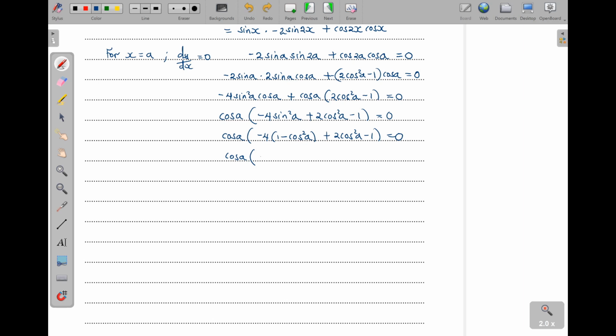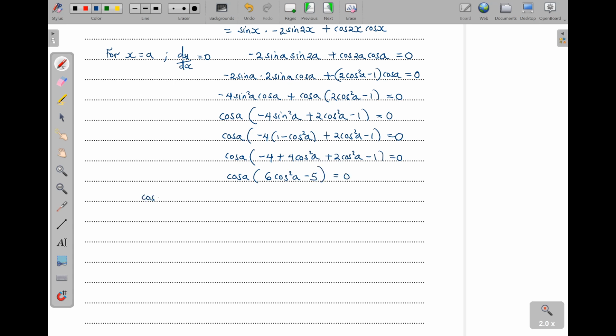So plus 4 cos squared a, then plus 2 cos squared a minus 1, which is equal to 0. So meaning your cos of a here outside, inside here we are going to have 4 plus 2, that is 6 cos squared of a, minus 4 minus 1, that will be minus 5, which is equal to 0.